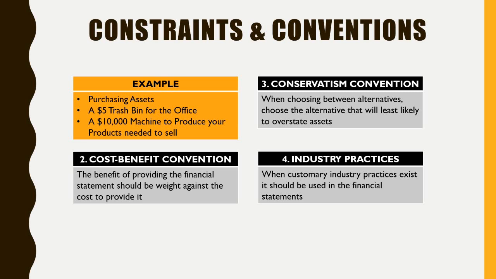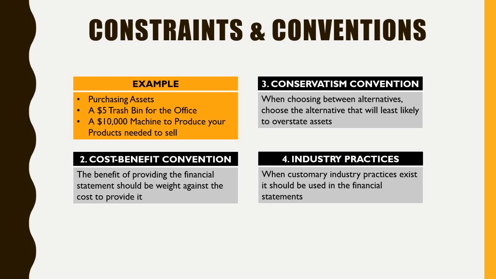Like, if you consider furniture, is a $5 trash can significant enough for you to consider this as a fixed asset? No, it's only $5. You're better off just recording it as an office supplies expense, right? You just make a mere expense for the company.